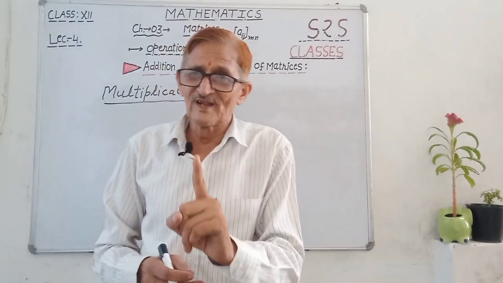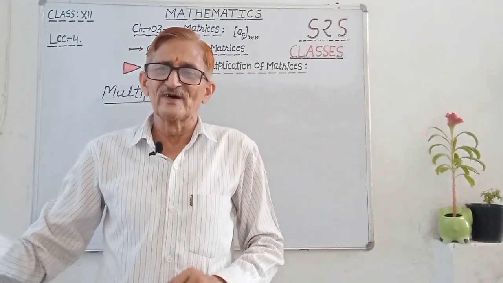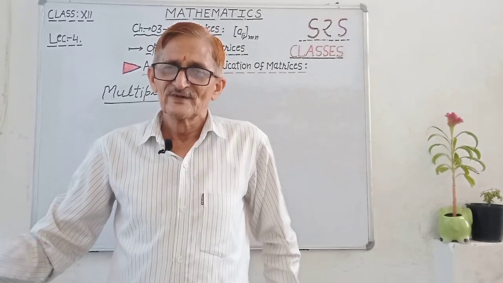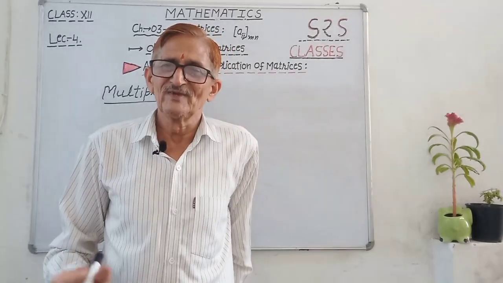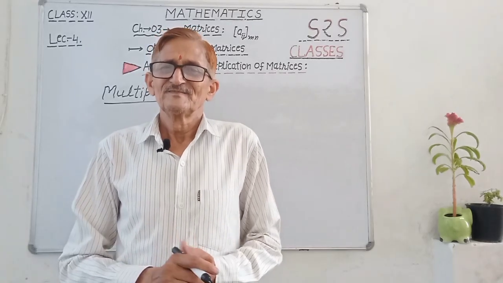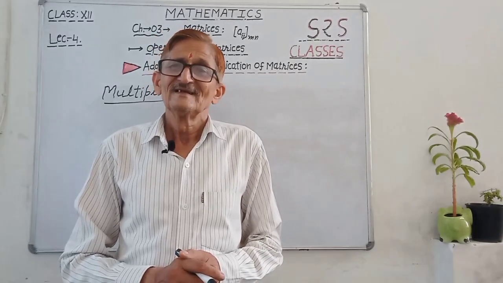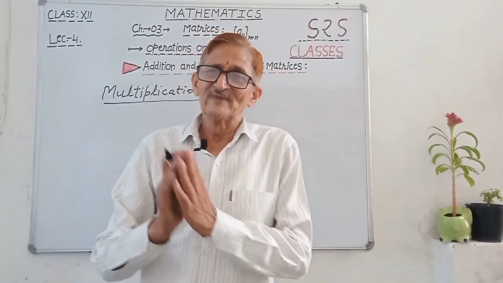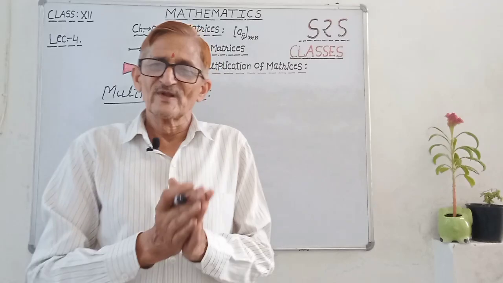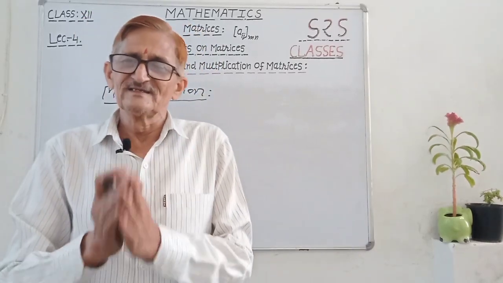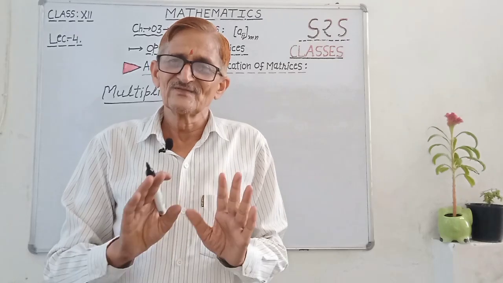Number of columns of the first matrix must be equal to the number of rows of the second. Then both can be multiplied. Okay? So matrix A and matrix B can be multiplied if number of columns of A is equal to number of rows of B. Only this one rule.